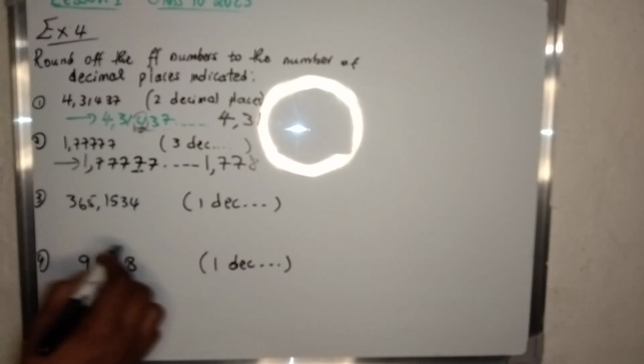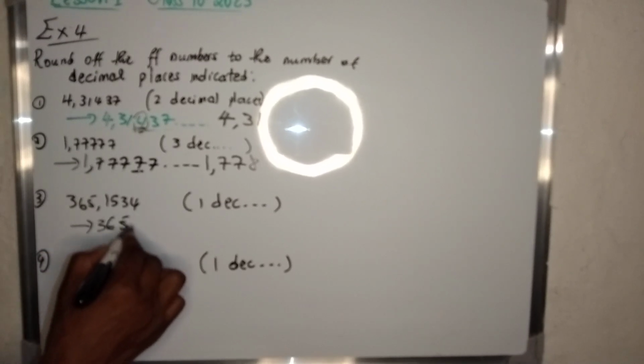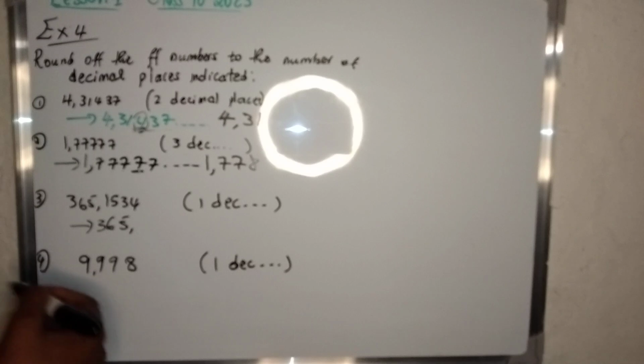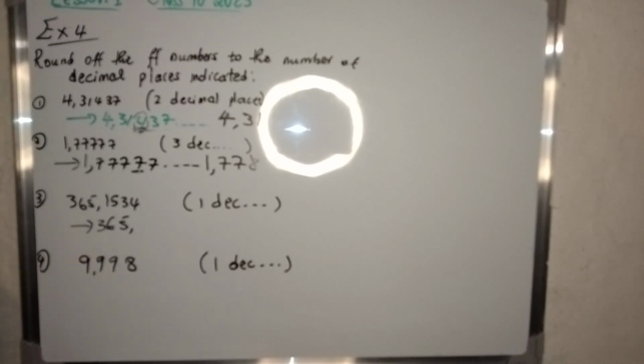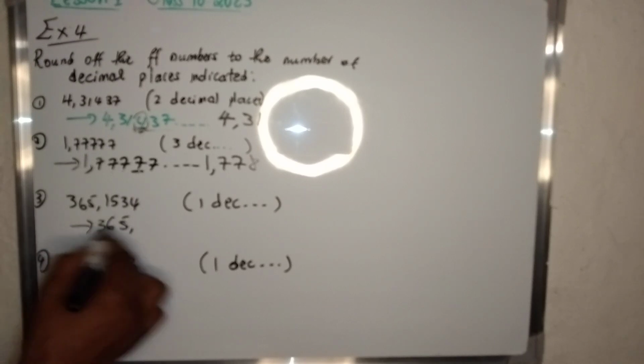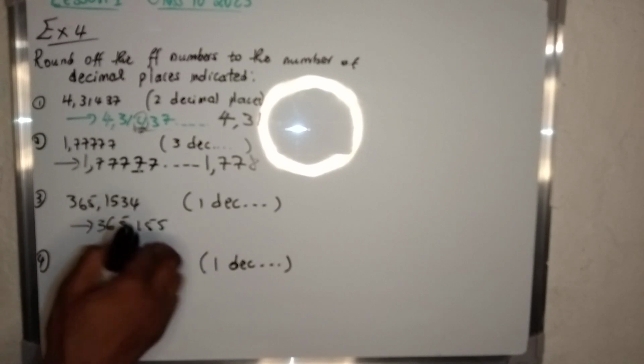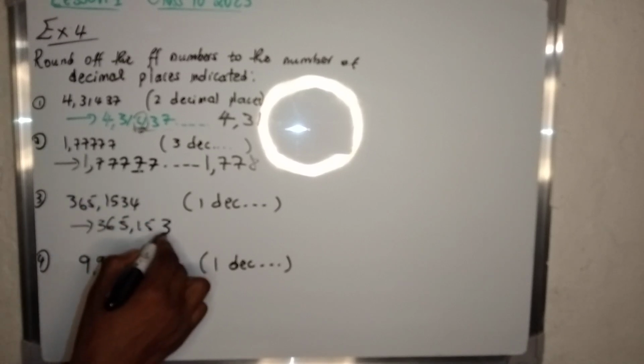Here we write 365, then just 1 decimal place. This one is very easy. Let me just repeat this: 1, 5 and 5, also 1, 5, 3, 4.